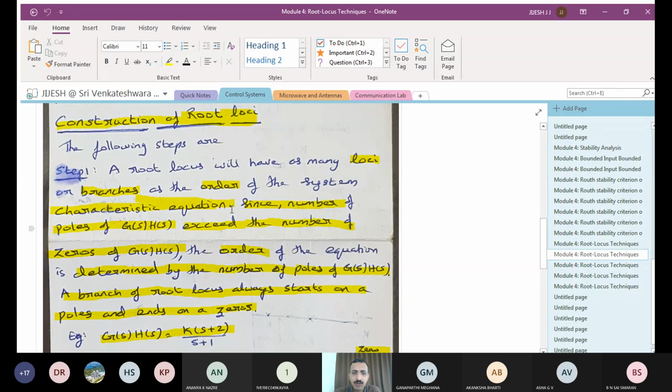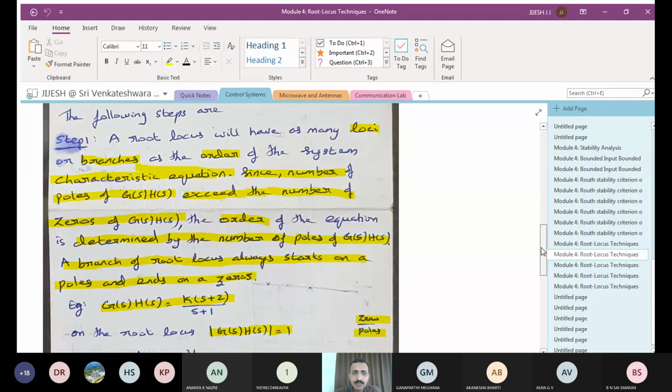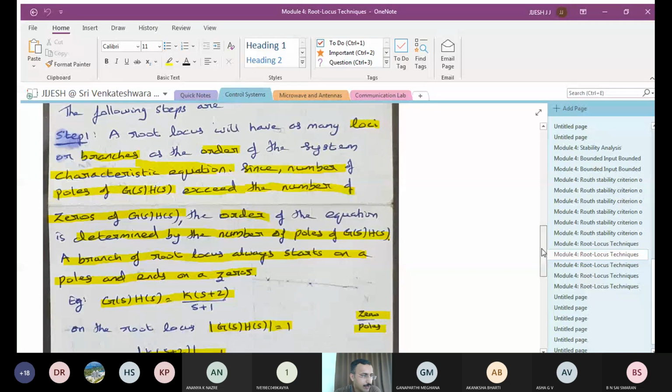Since the number of poles of G(s)H(s) exceeds the number of zeros, the order of the equation is determined by the number of poles. This is step one, where you take G(s)H(s) equal to K.